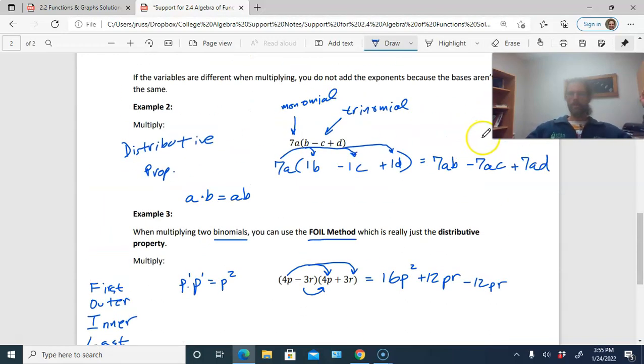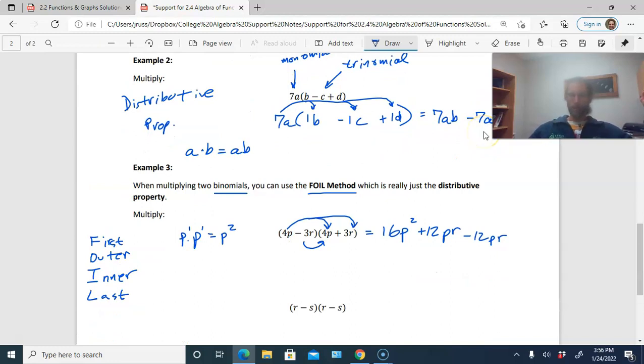And actually, let me make a note right here. I'm going to say that order does not matter. The reason it doesn't matter is because you're multiplying. p times r is the same thing as r times p. Just like 2 times 4 is the same as 4 times 2. But I like to write it such that it's easy to identify that these two in the middle are going to be like terms.